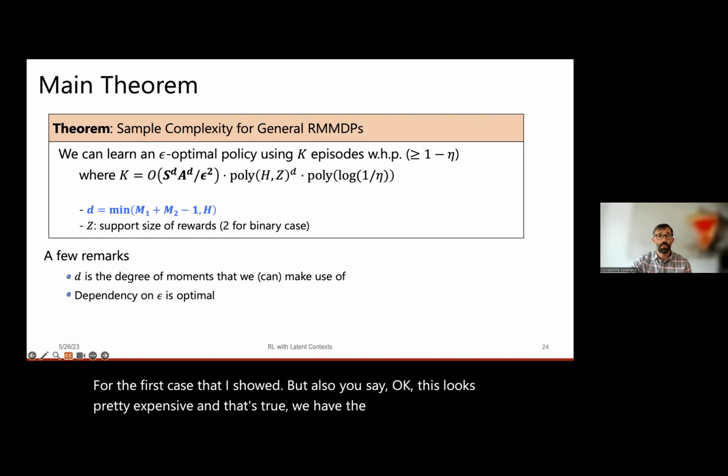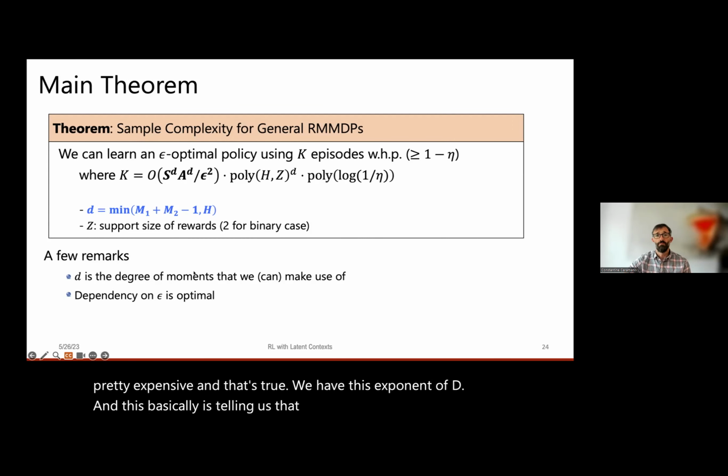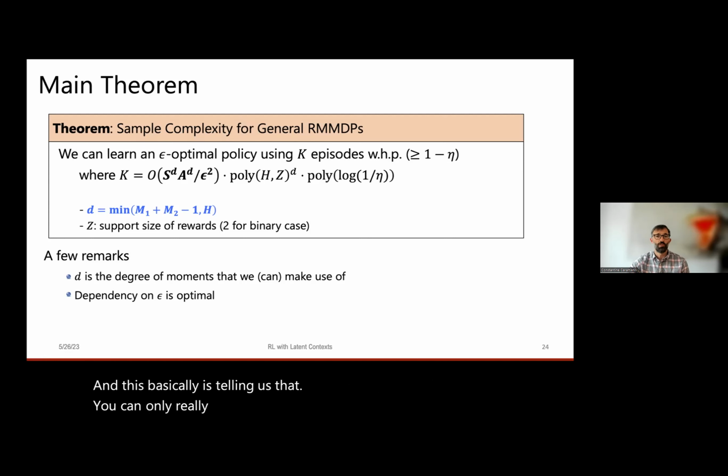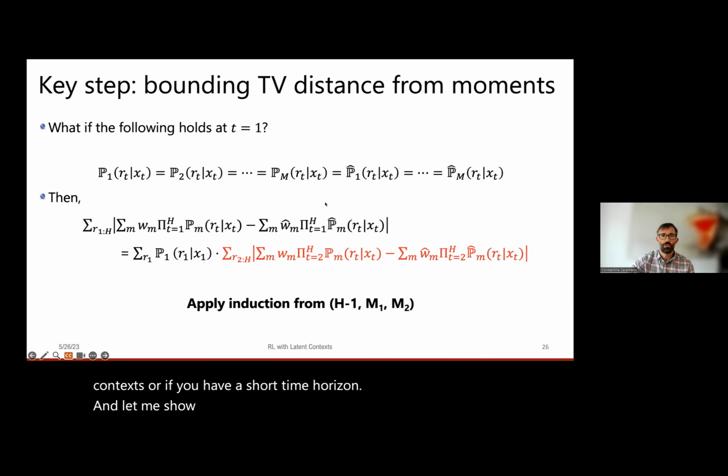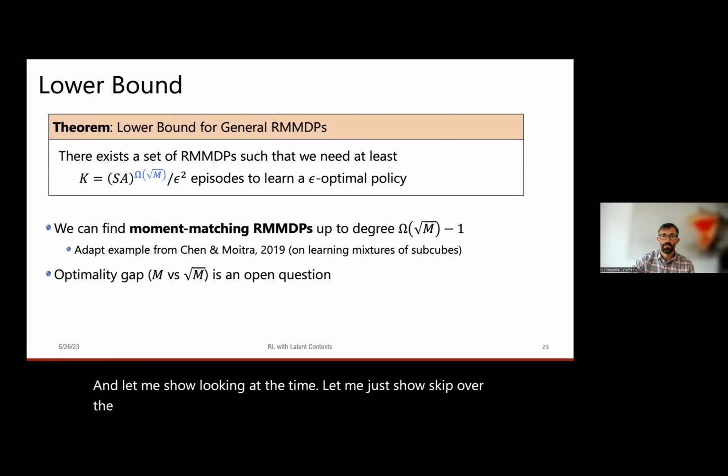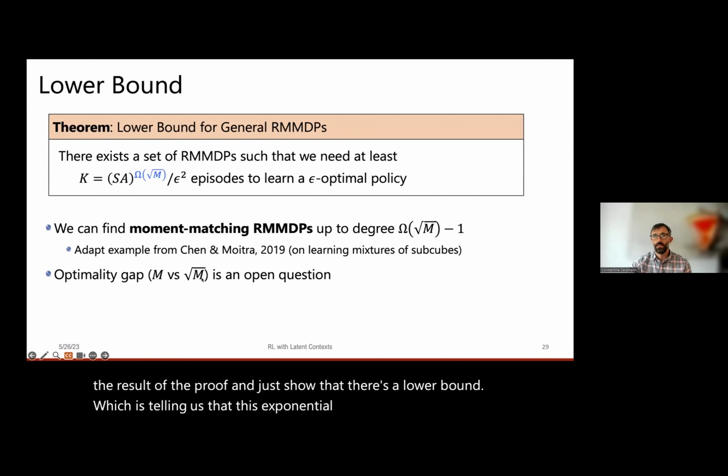We have this exponent of D, and this basically is telling us that you can only really hope to learn this if you have a small number of contexts or if you have a short time horizon. And looking at the time, let me just skip over the proof of the result and just show that there's a lower bound, which is telling us that this exponential dependence is unfortunately correct.